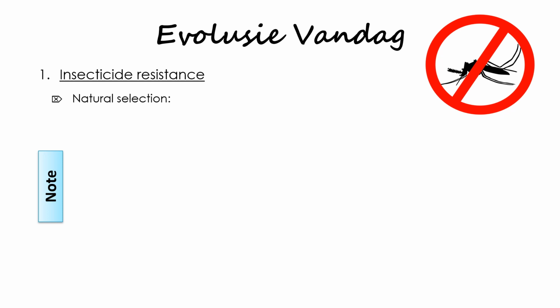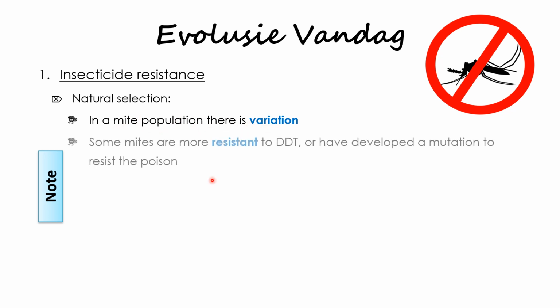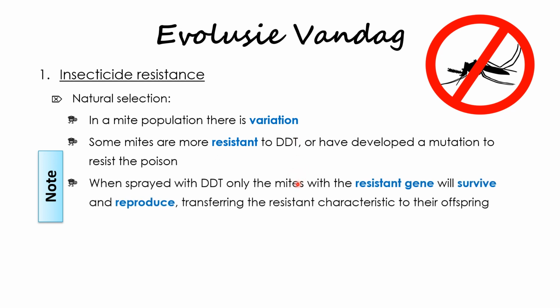So here we have the rhyme. This is taken exactly from your note. So you are going to start by saying within the mite or the mosquito population there is variation. Reg, daar is variasie. Van hulle is weerstandig en van hulle is nie weerstandig nie. So die weerstandiges is nou die wat gaan oorleef en die wat nie weerstandig is nie, is die wat gaan sterf. Right, then something happens, exactly like we studied. The something that happens is the spraying with the insecticide, right?